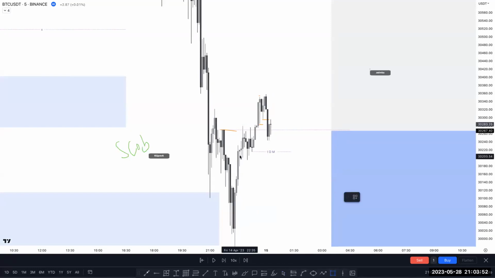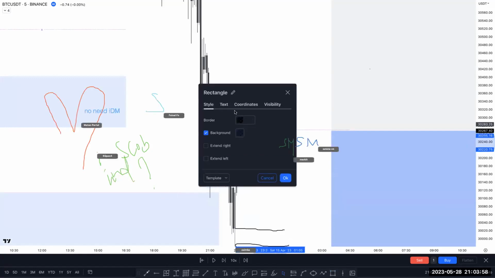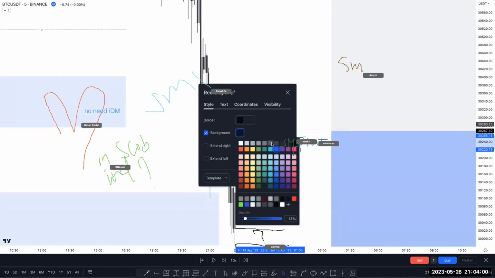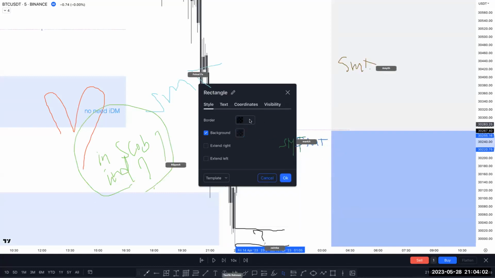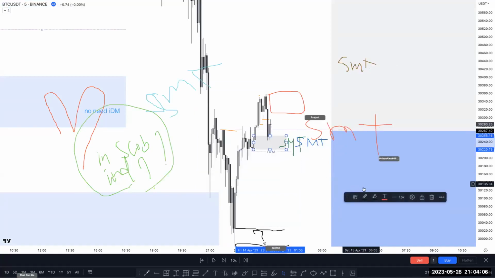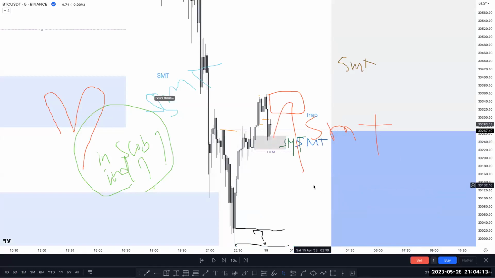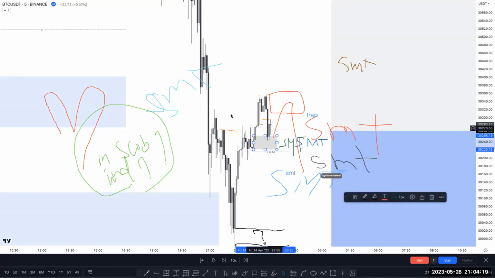And what is this, everyone? SMT, exactly. Because if you are looking here for a buy, there is no inducement taken out, there is no liquidity grab. That's why this is SMT.